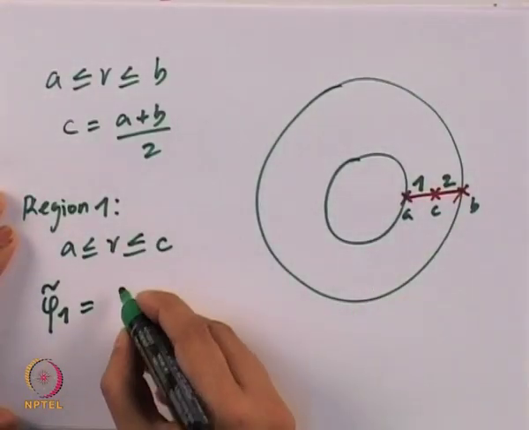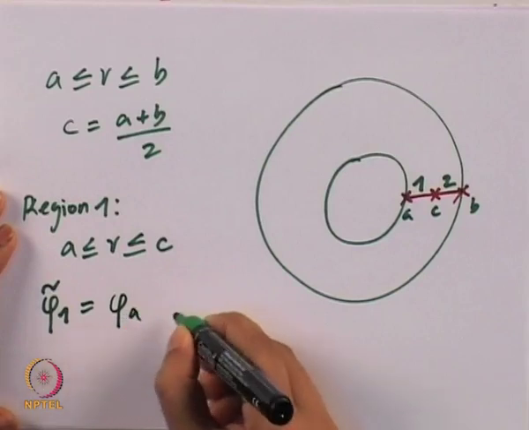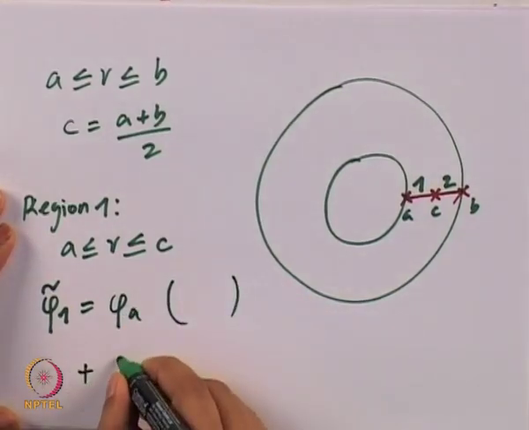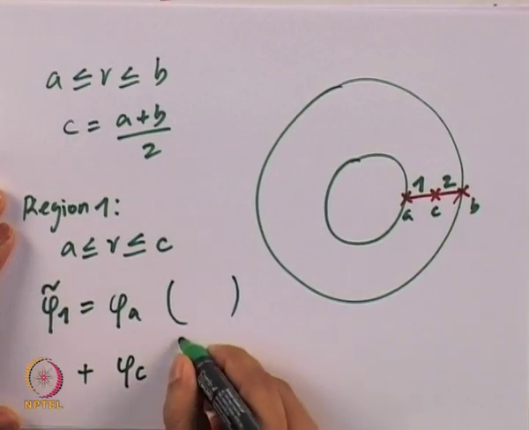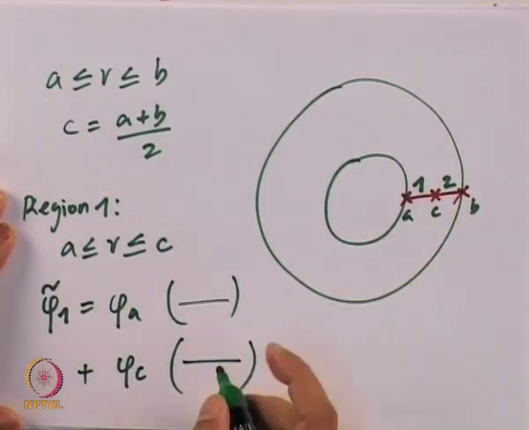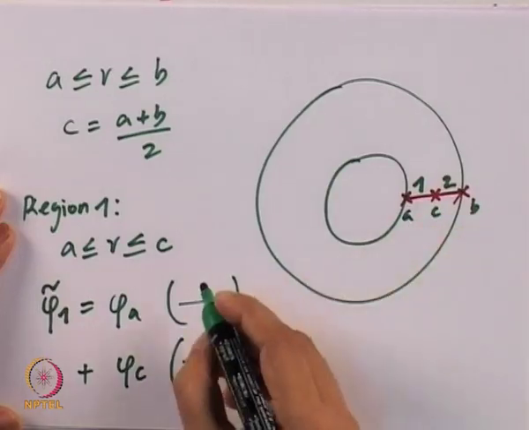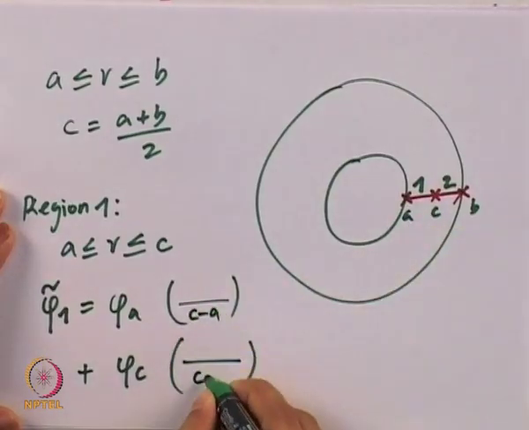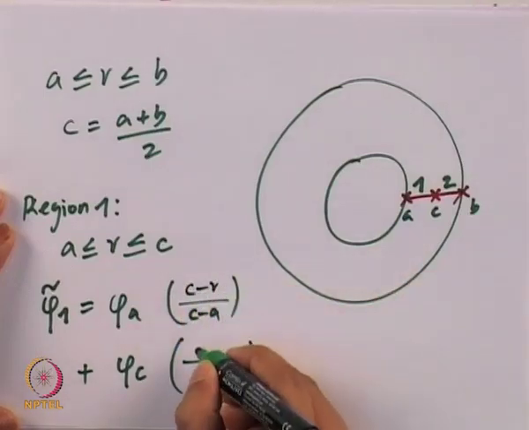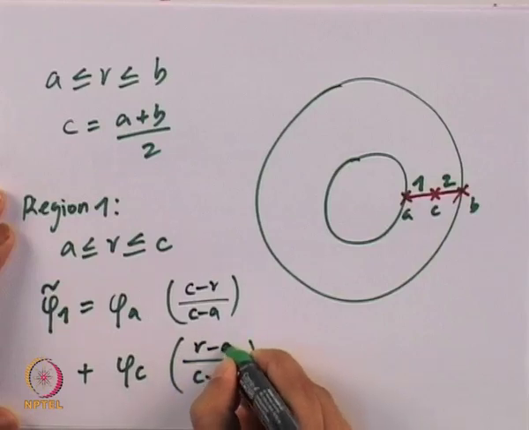So, we will have phi A multiplied by certain coefficients plus phi C multiplied by certain coefficients, and the denominator will always be the distance value. So, that is going to be C minus A, and the numerator for the first one will be C minus R, and for the second value it will be R minus A.